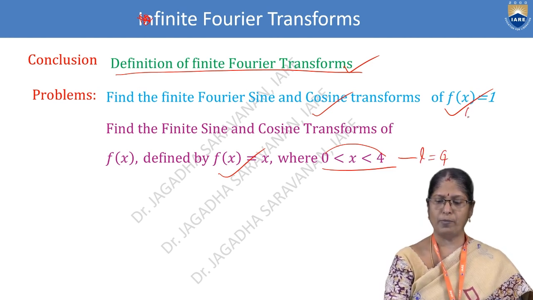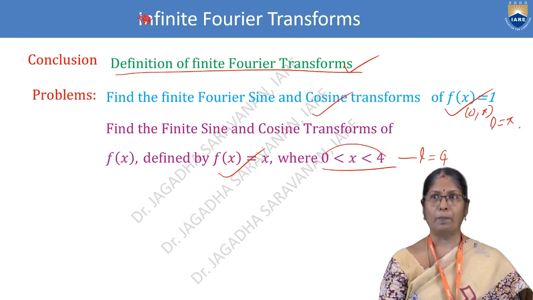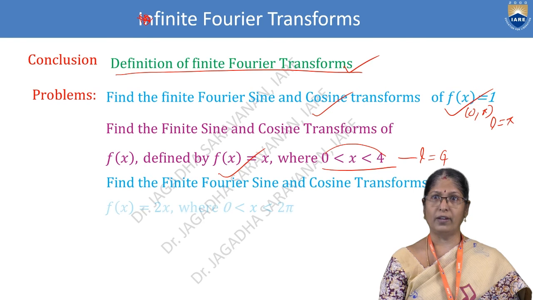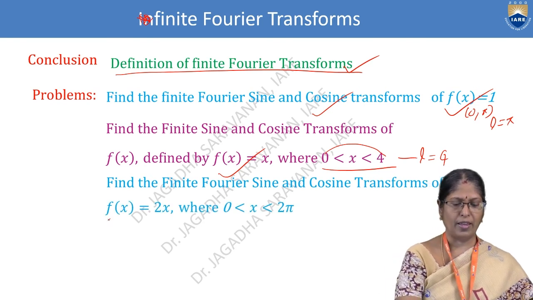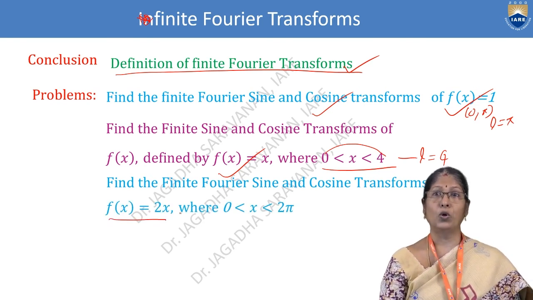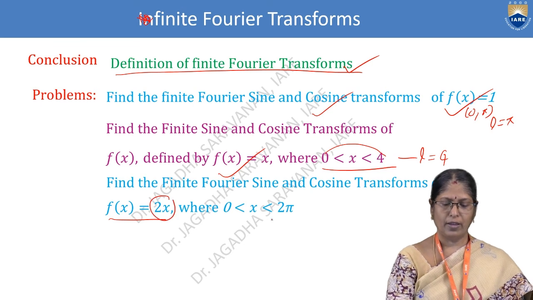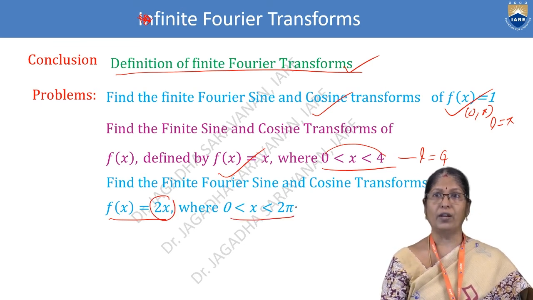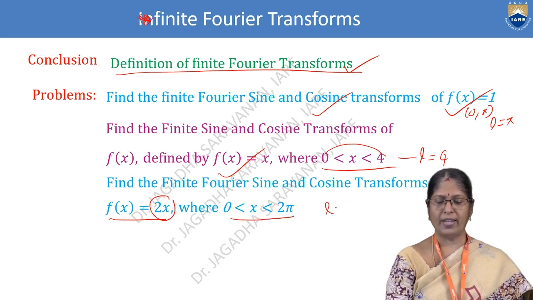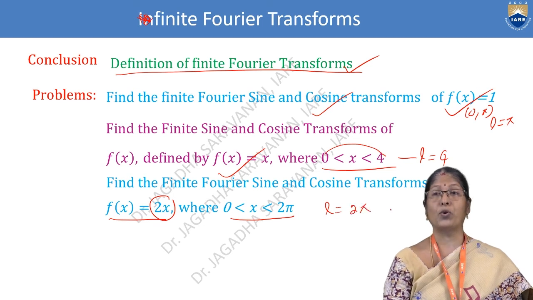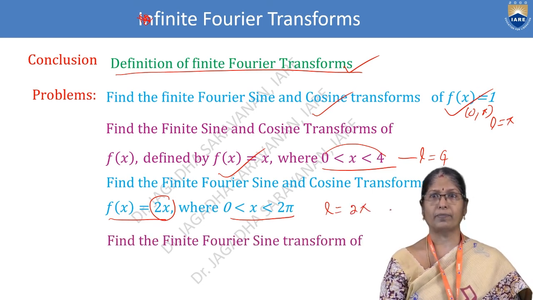The first problem was 0 to pi, where L played the role of pi. The third problem we discussed, f of x equal to 2x, where x lies between 2 to pi, here L played the role of 2 pi.